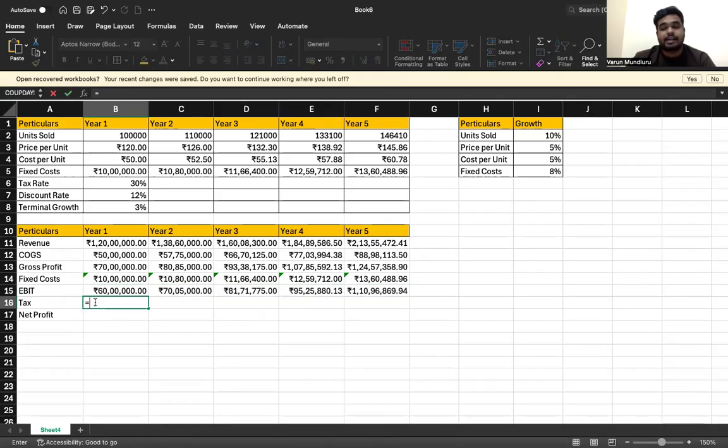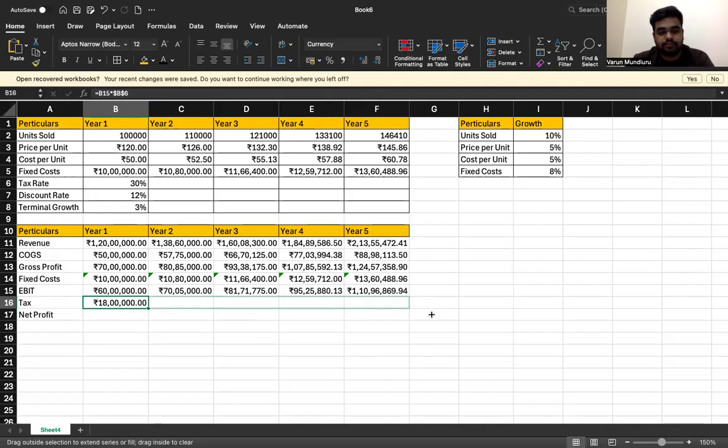Next, for the tax amount, as we have already assumed the tax rate to be 30%, we will be multiplying the EBIT value by the tax rate. Let us freeze the tax rate so that it becomes easy for calculating the remaining years. Now we have got the tax that we will be paying for years 1, 2, 3, 4, and 5.